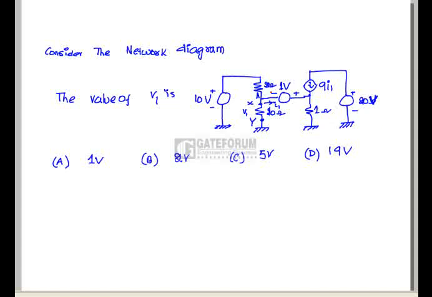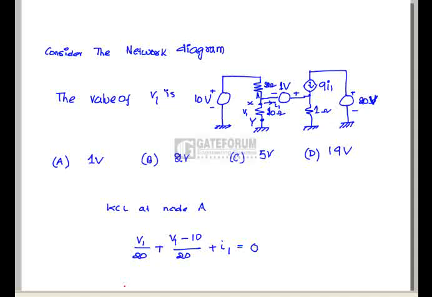Question is, consider the network diagram given in the figure. Find out the value of V1. In order to find the value of V1, apply KCL at node A. That is V1/20 + (V1 - 10)/20 + I1 = 0.